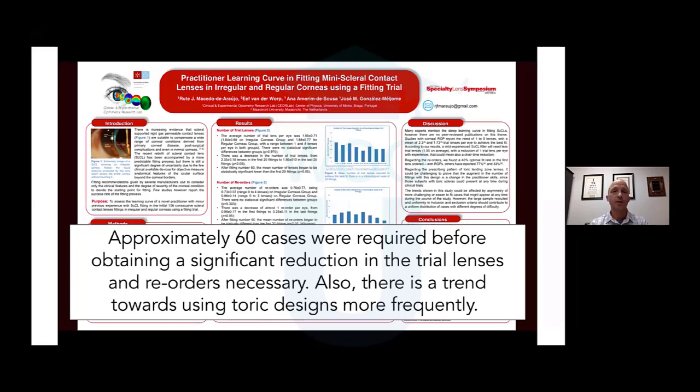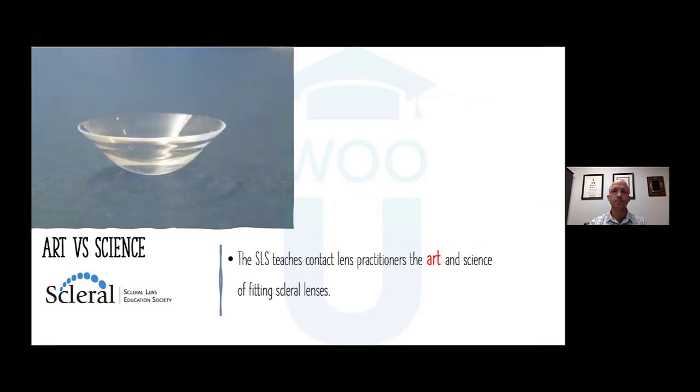And what they found is that it took around 60 cases for the practitioner to become efficient with scleral lens fitting. And when you think about that, it's pretty interesting because if you are new to scleral lenses and you're starting out and you're only fitting 2 to 3 lenses a month, that calculates to a potential 2 to 3 year time frame in order to become proficient with scleral lens fitting.